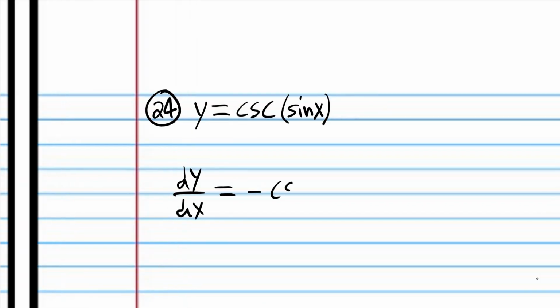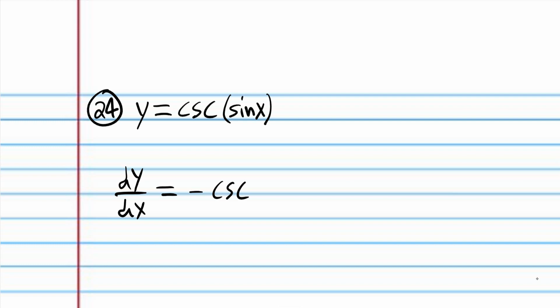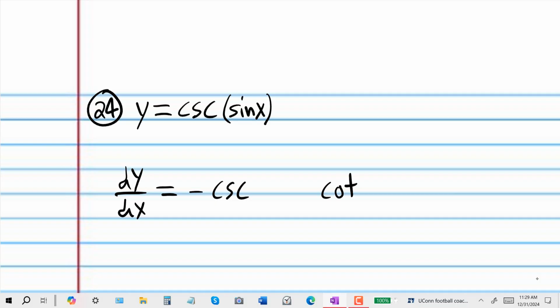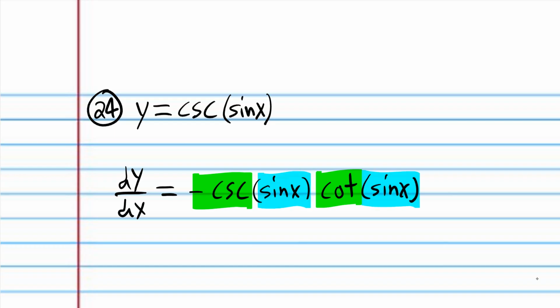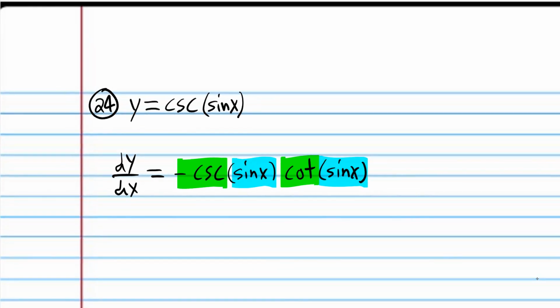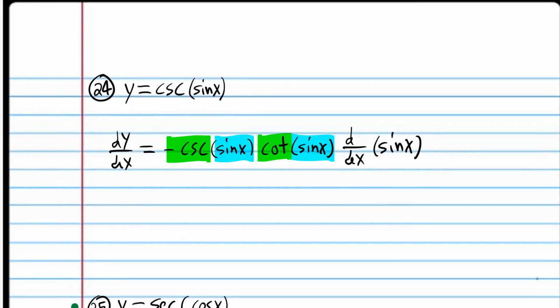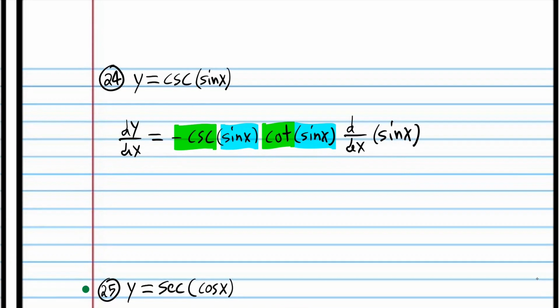So we find the derivative of the outside function, which is negative cosecant cotangent, and we have to keep the inside function unchanged, but we have to put it in both of these functions. So again, this is kind of strange. Again, this is where our three-step process kind of breaks down. In this situation, you have to interpret the chain rule as the derivative of the outside with the input of that function being the inside function, and then multiply by the derivative of the inside function.